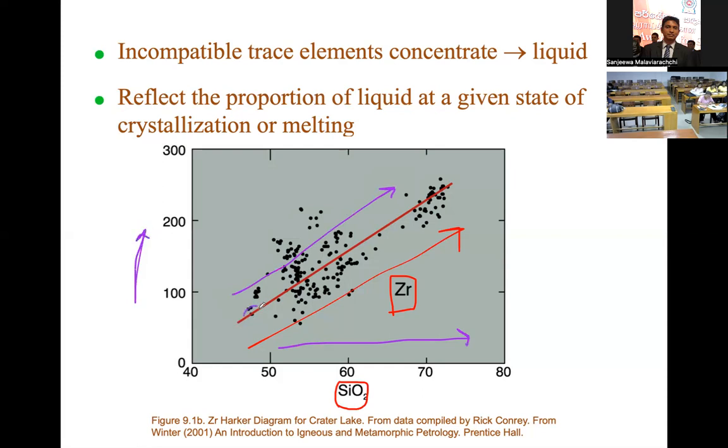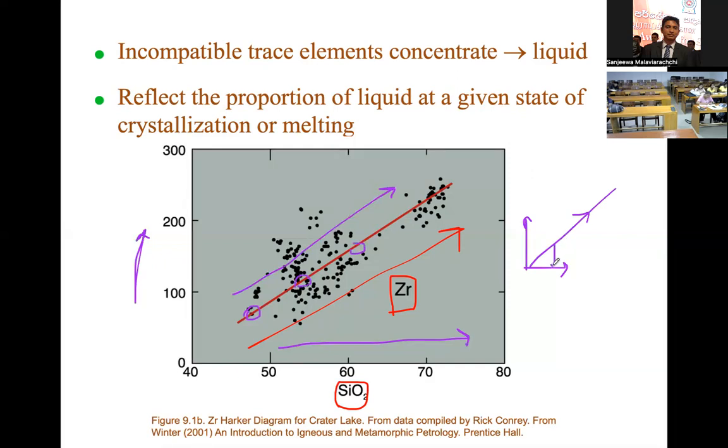Say silica is 45 and zirconium maybe 75, and then you take another point where silica content is 55 and zirconium content is 120 or so. Another one, 65 or something, and zirconium maybe 150. So you are increasing silica as well as zirconium. The y-axis is zirconium, so you are seeing a trend like this. This type of trend we call a positive correlation, right?